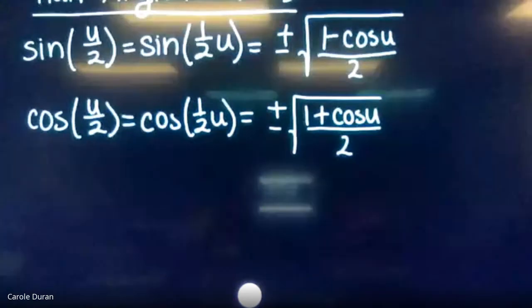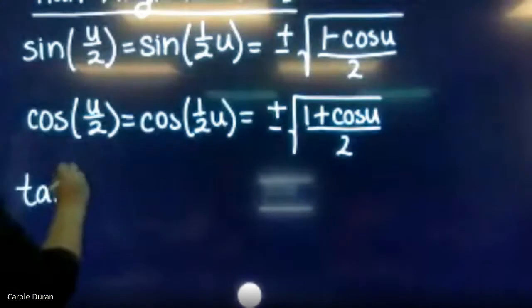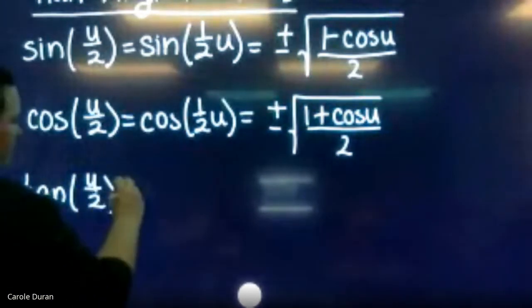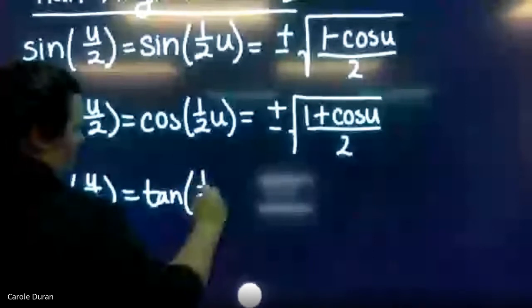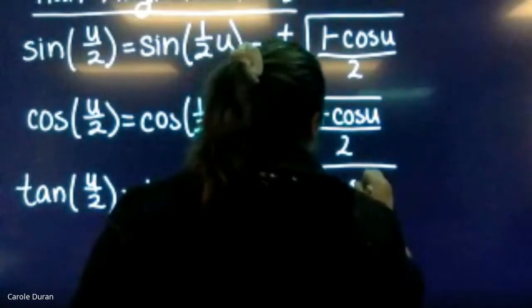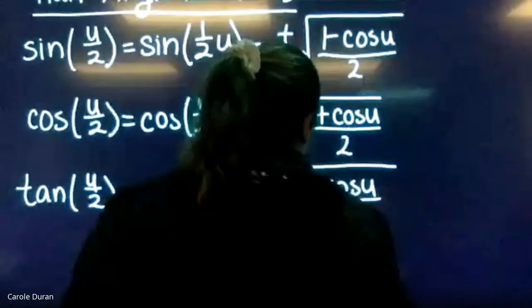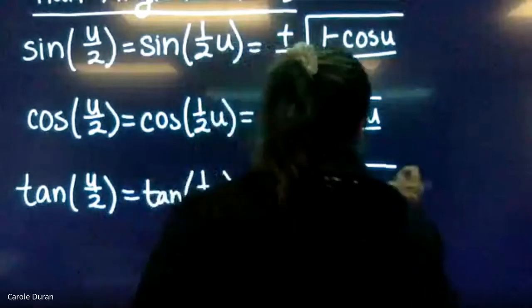And then we have a tangent half angle identity as well. And that is equal to the positive and negative square root of 1 minus cosine of u over 1 plus cosine of u.